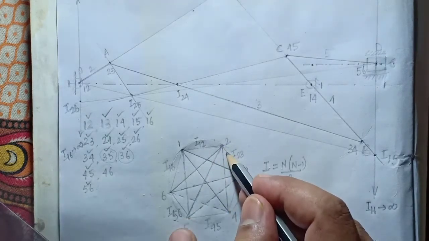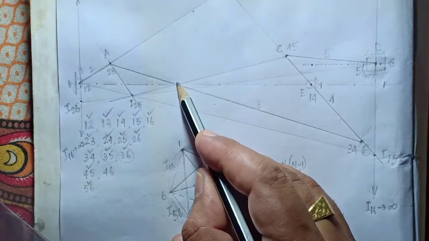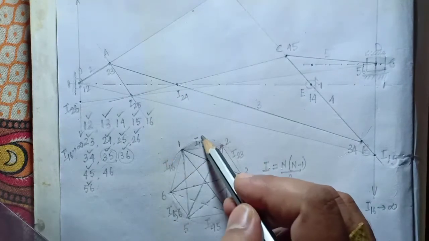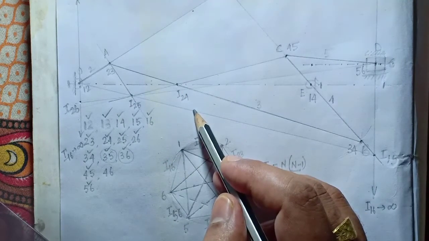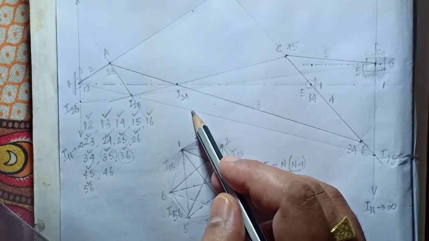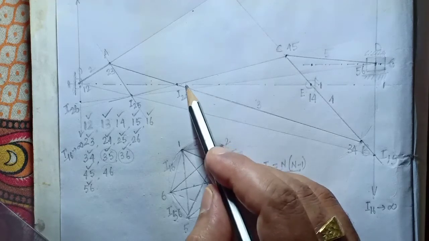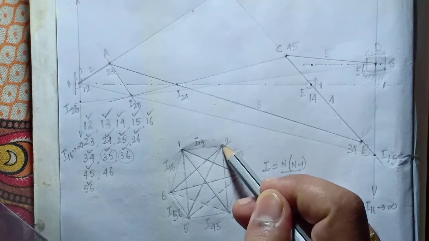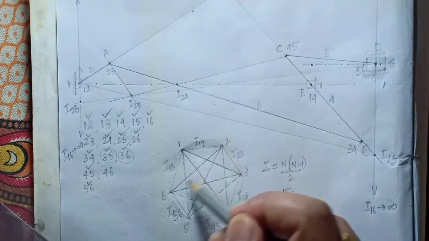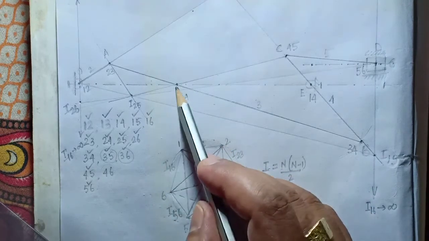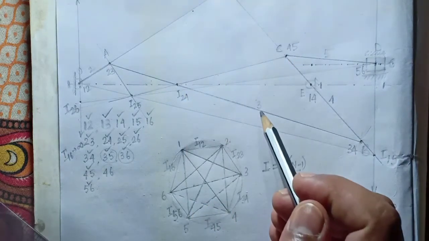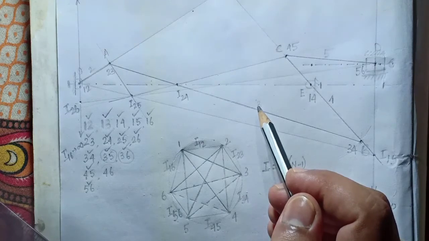So this is 4 to 2, and 2 to 6 can be chosen easily. But I24 and I45 are lying in the same line, so you cannot choose this path.